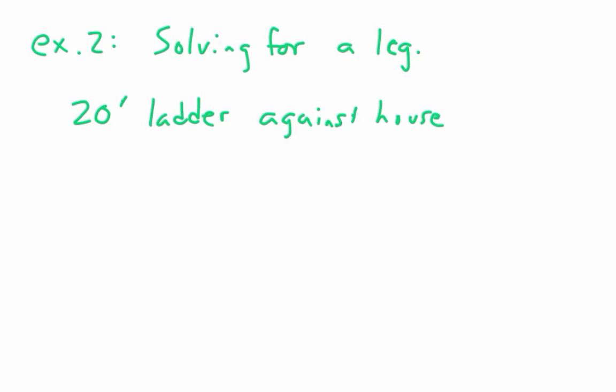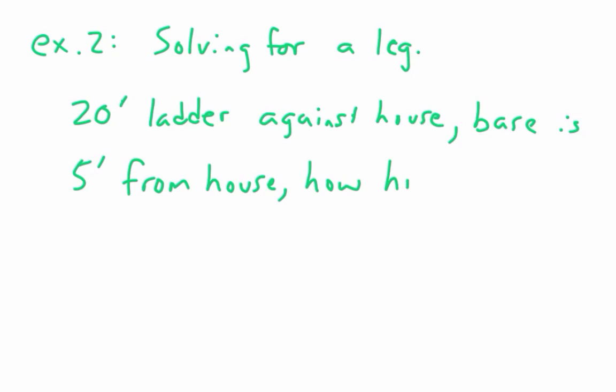So I want to figure out how high is the ladder going to go? Is it going to break the window or not? I'm going to say the base is 5 foot from the house. How high will the ladder go?